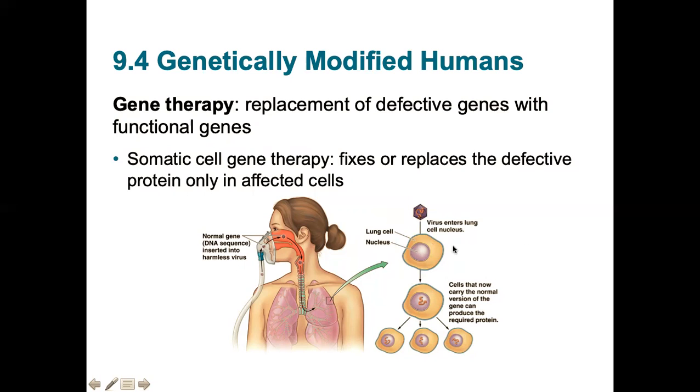So viruses have to have a host cell in order to replicate. And what we can do is take a virus and take out all their genetic material, all their program, and use them as a vessel to put the gene in that we want.